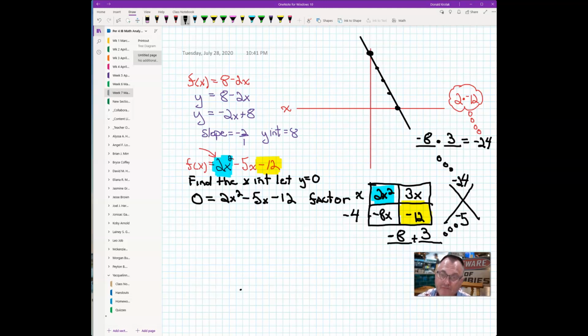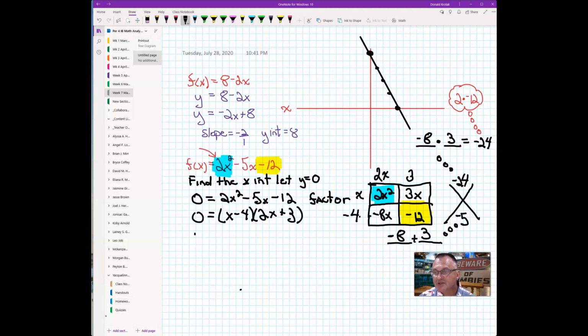Now I go vertically. The GCF of 2 and negative 8 is 2. I got an x squared and an x, so the greatest factor I could pull out is an x. And here, the GCF of 3 and negative 12 is positive 3. Now I can factor this: x minus 4 is one factor, and 2x plus 3 is my second factor.